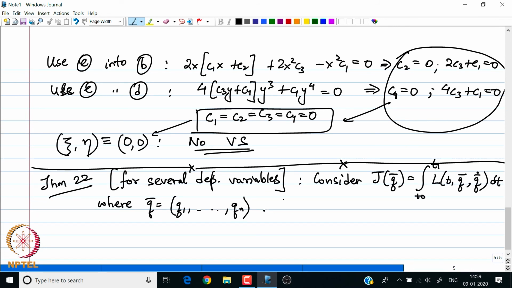Let me consider my variational symmetry with the infinitesimal generator xi comma eta 1 to eta n. These are my infinitesimal generators, if and only if a certain condition holds.